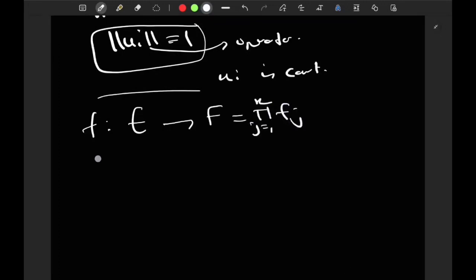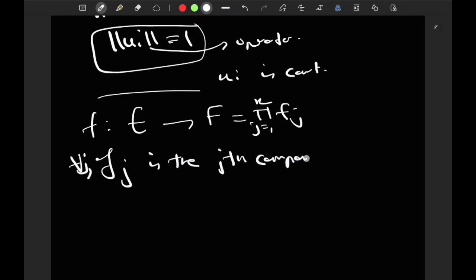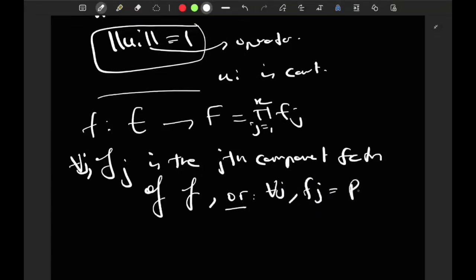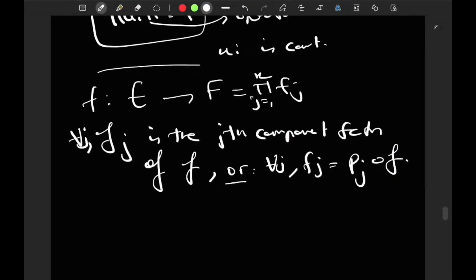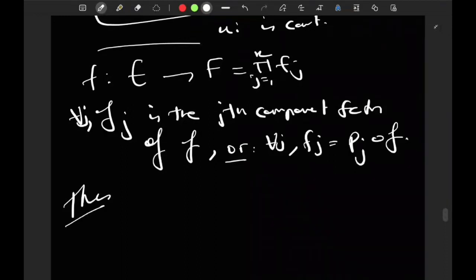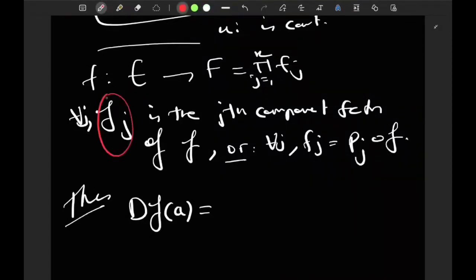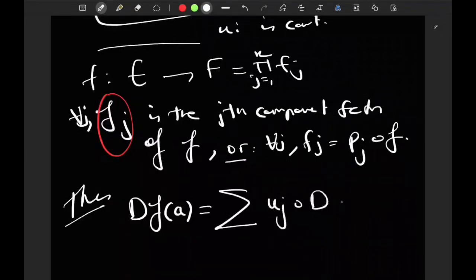We said that for each j, fj is the jth component function of f, or if you want, the jth projection composed with f. Then, assuming that f is differentiable, or that each fj is differentiable, which are equivalent at a certain point a, the derivative of f at a can be expressed in terms of the derivatives of the fj's at a in this formula: the sum of uj composed with dfj at a, from j equal 1 up to k.